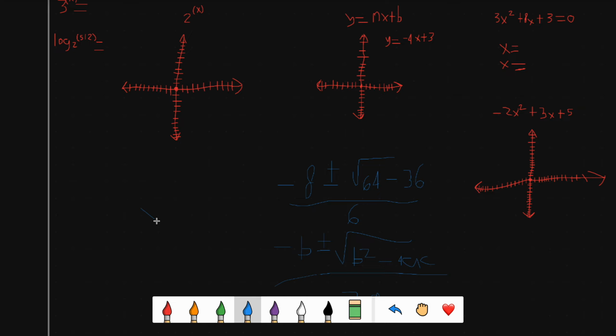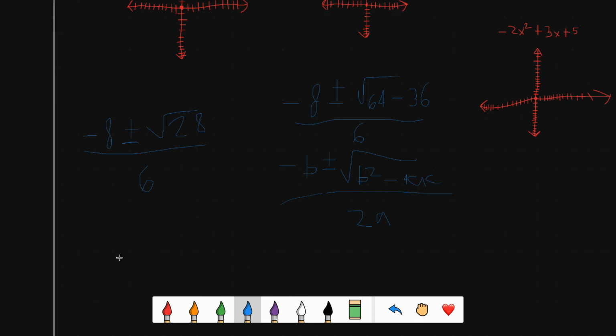So the square root of 28. This isn't a perfect square, so instead we can just factor it out. The greatest common factor of 28 is 14 times 2, and 7 times 2.